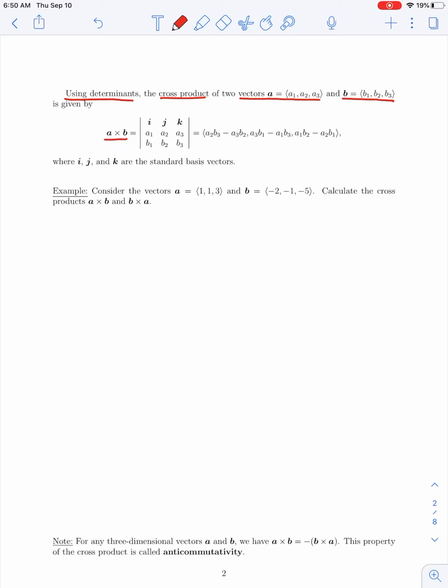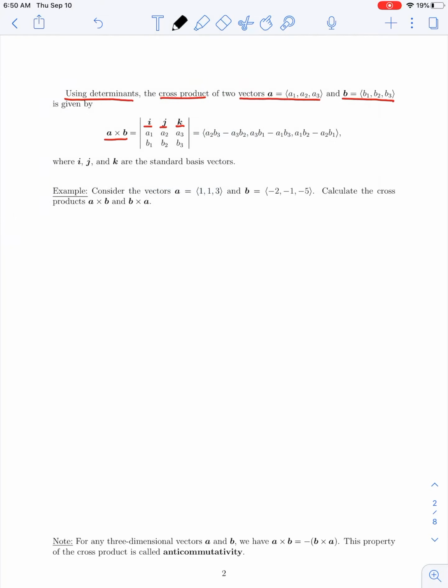So the definition that we'll use for the cross product of two vectors, A and B, is that A cross B will be the determinant of the 3 by 3 matrix, where the first row of this matrix are the standard basis vectors I, J, and K.